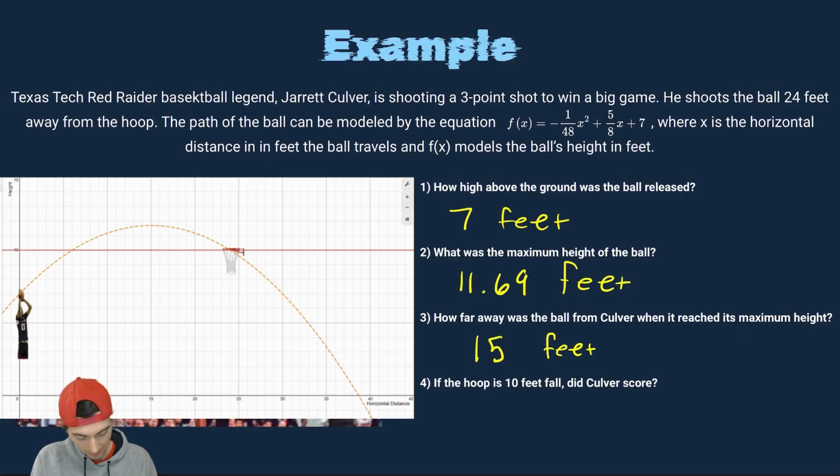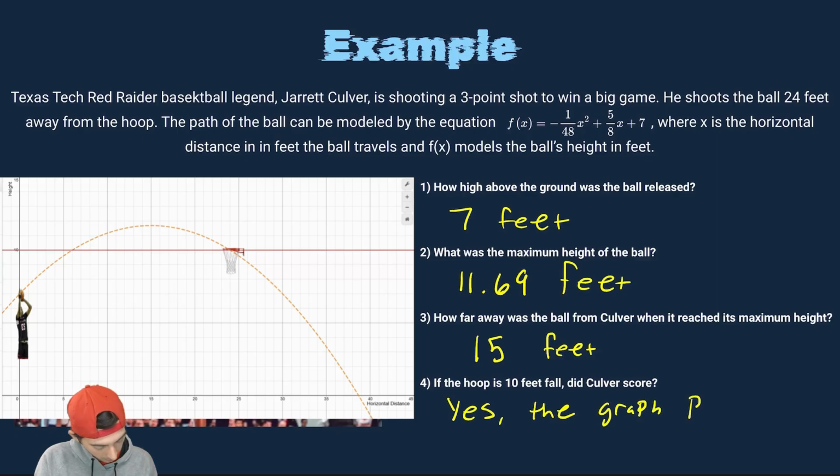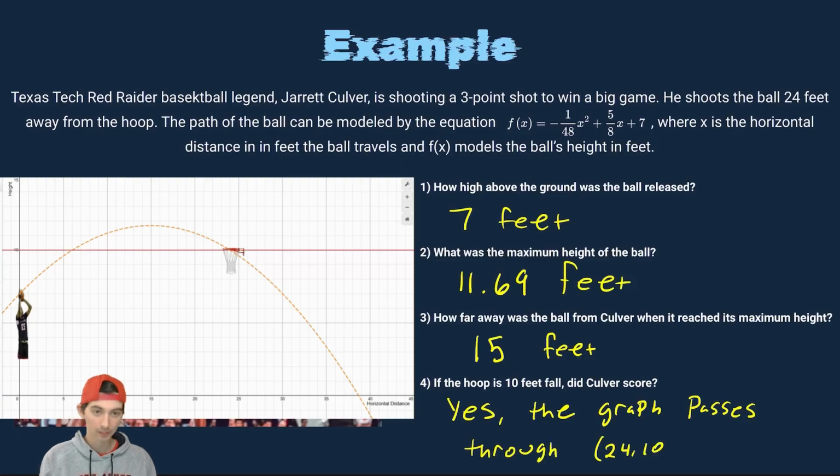So we can say that, yes, Culver did score because the graph passes through the point (24, 10). So Red Raiders win, Jarrett Culver scores, everyone is happy.